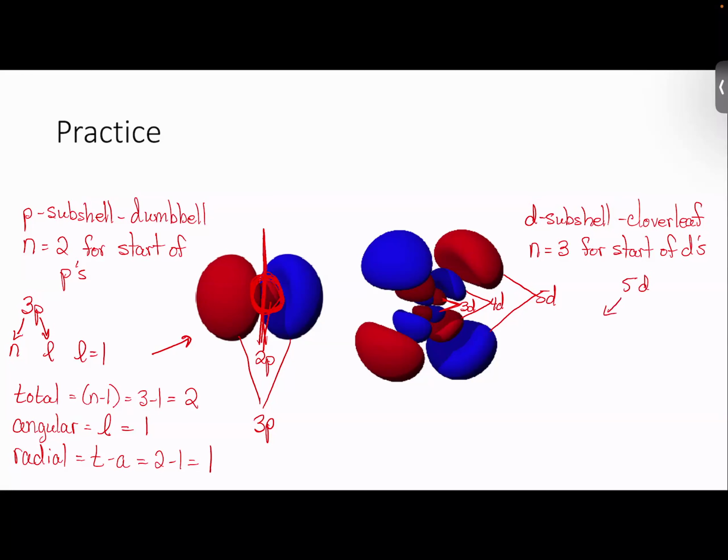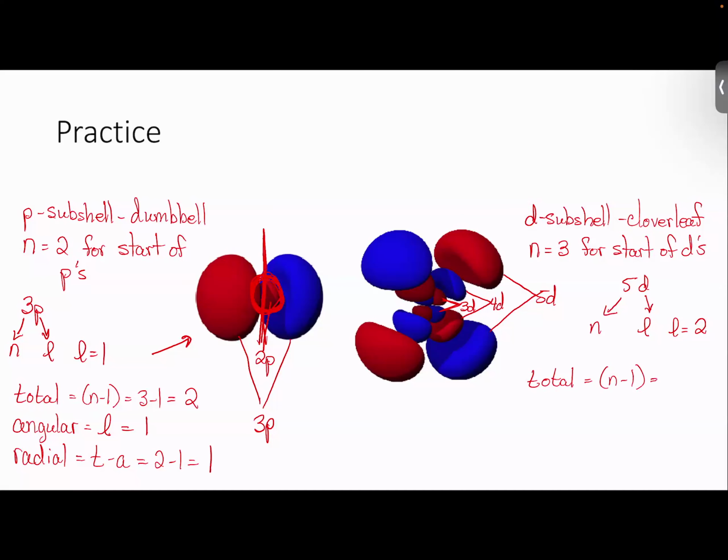The 5 tells us the n value, the D tells us the l value, which is l equal to 2. So our total nodes is equal to n minus 1.